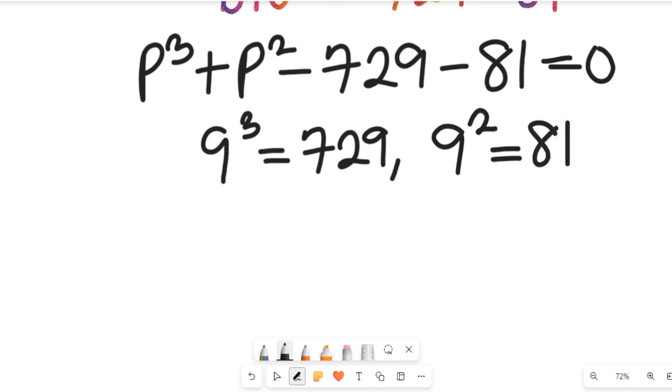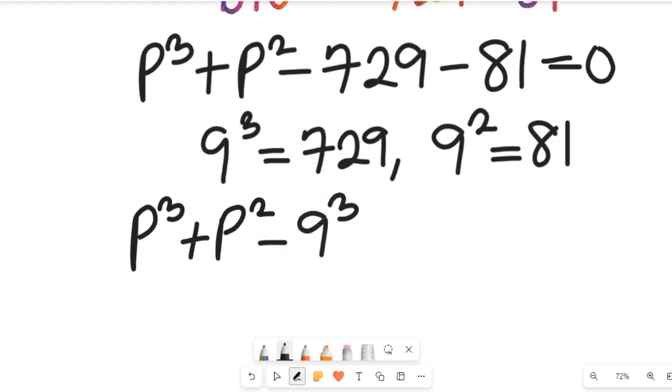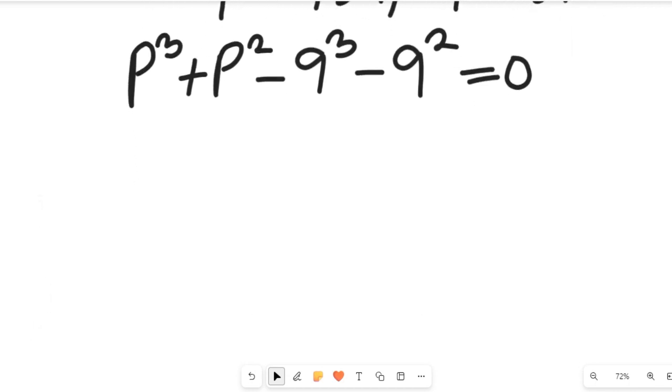So, having these two expressions, we can have p to the power of 3 plus p to the power of 2 minus 9 to the power of 3 minus 9 to the power of 2. This will be equal to 0. Great. So, having done this, we can now simplify this expression.